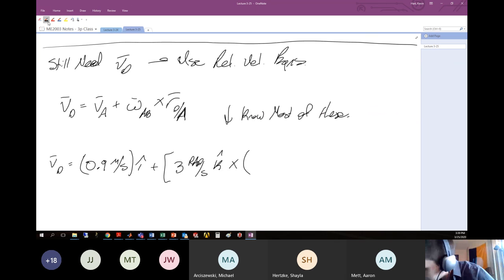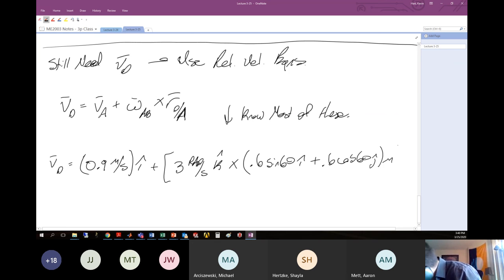I'm going to convert to meters, so this is 0.6 sine 60 I hat plus 0.6 cosine 60 J hat meters. So this is the general setup for our problem. We're looking for the velocity vector D, and that is our only unknown currently, and everything else is accounted for. So away we go.